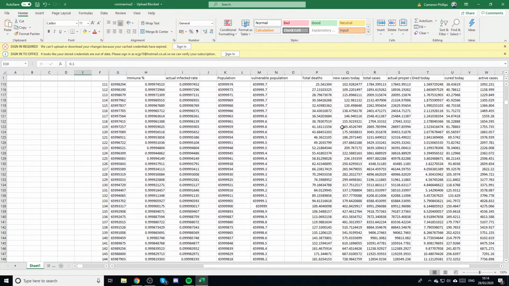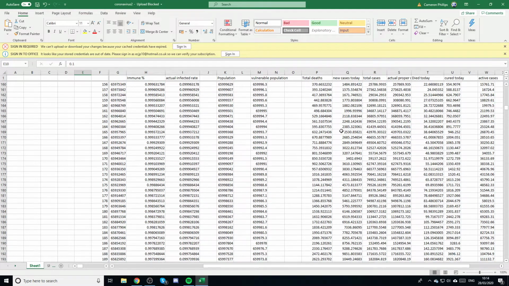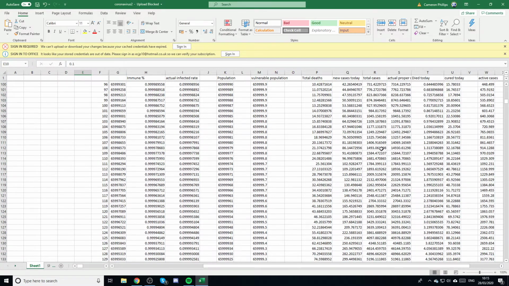But let's look at our model. 759, how many people have actually got it? Total cases, 52,000. That's an infection rate with 0.1.